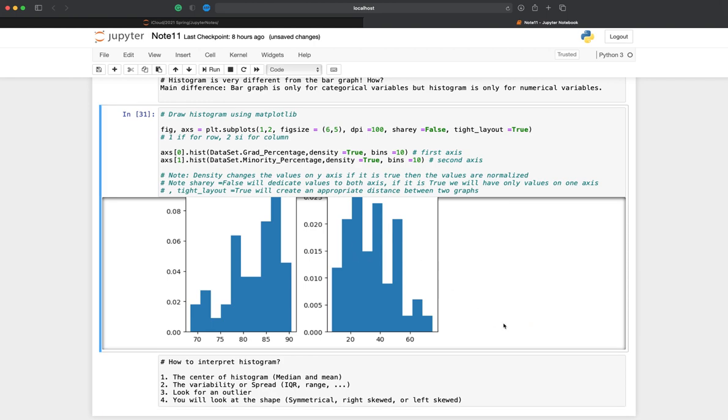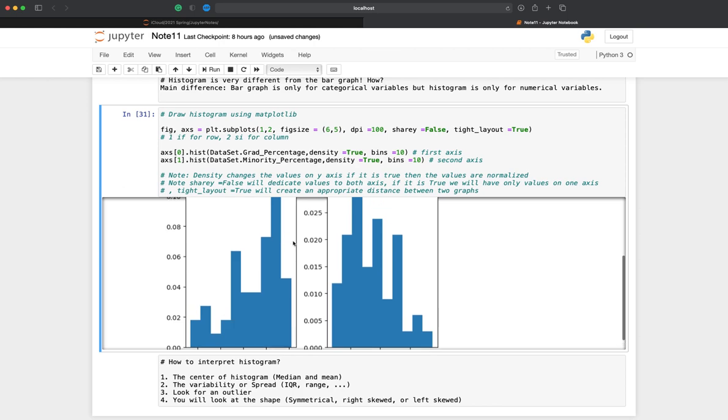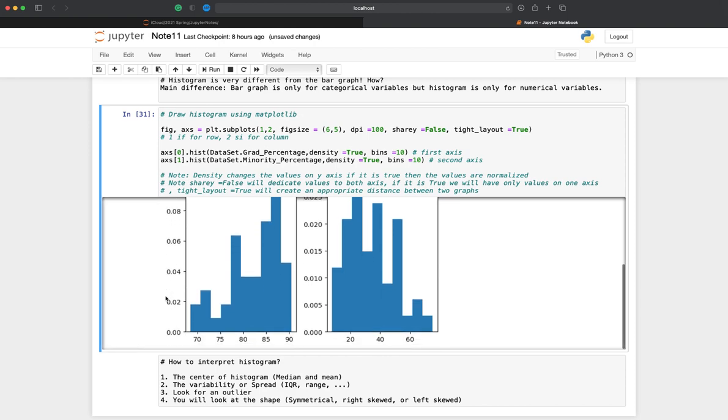If we have a skewness on the right side, we say the graph is skewed to the right or positively skewed. If we draw a curve on all the bins and the left side is extended and the skewness is on the left side, we call this the left skewness.